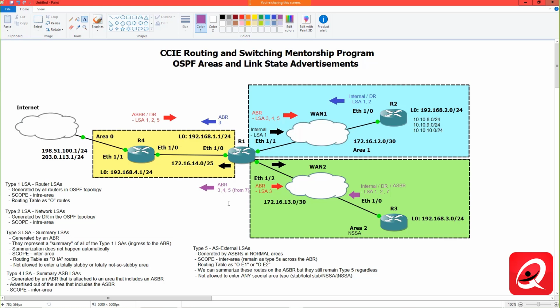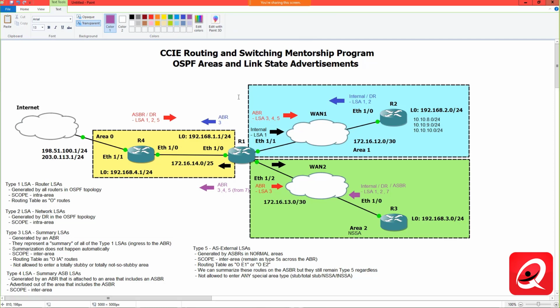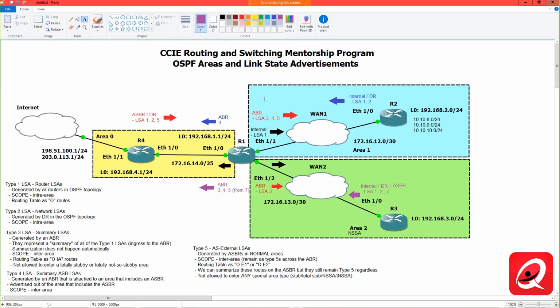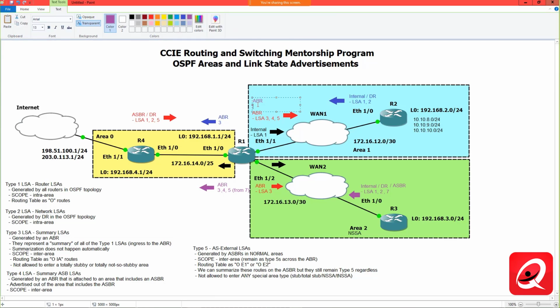All right, and we're also going to be sending in those type 5s up here as well into this area. In fact, the ABR is going to send in LSA type 4s and type 5s here that represent those same routes that come from router 3.